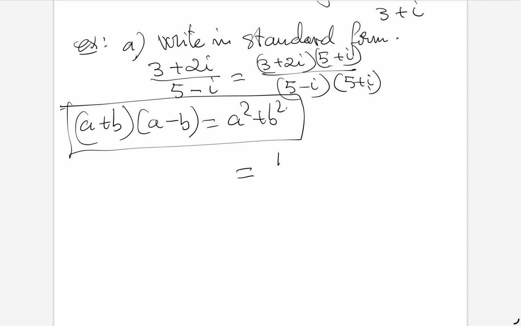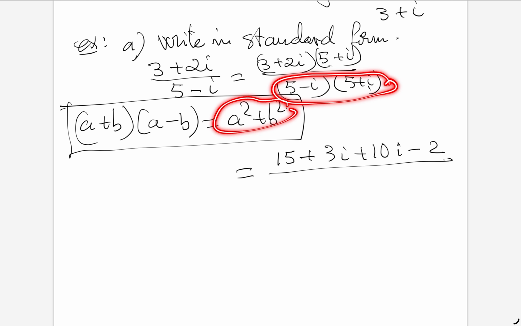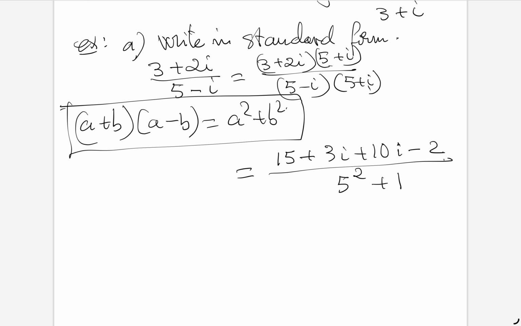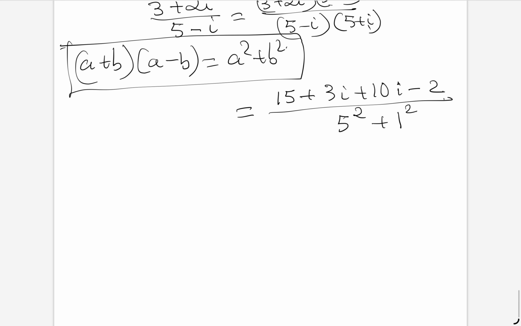You have 15 plus 3i plus 10i minus 2, divided by, and the one on the bottom here is just this one, so you end up having 5 squared plus 1 squared, which is just 1. So here you add them up.